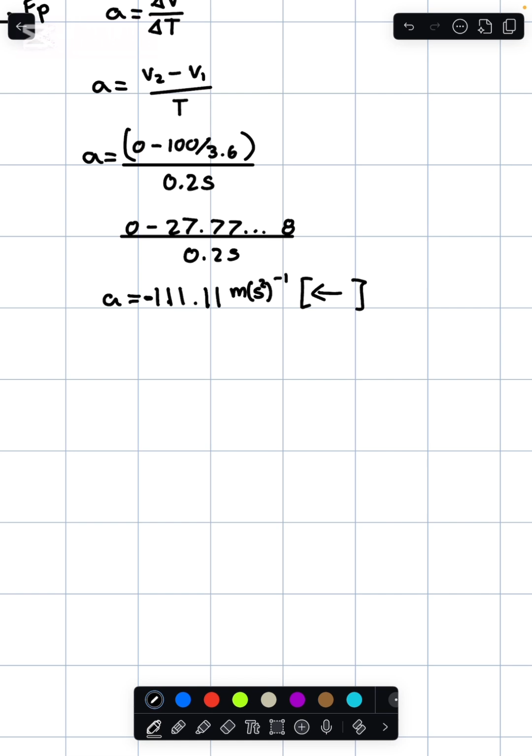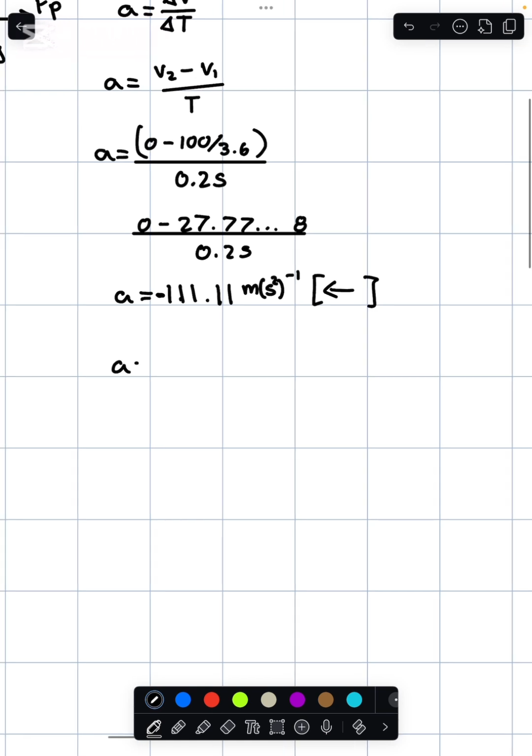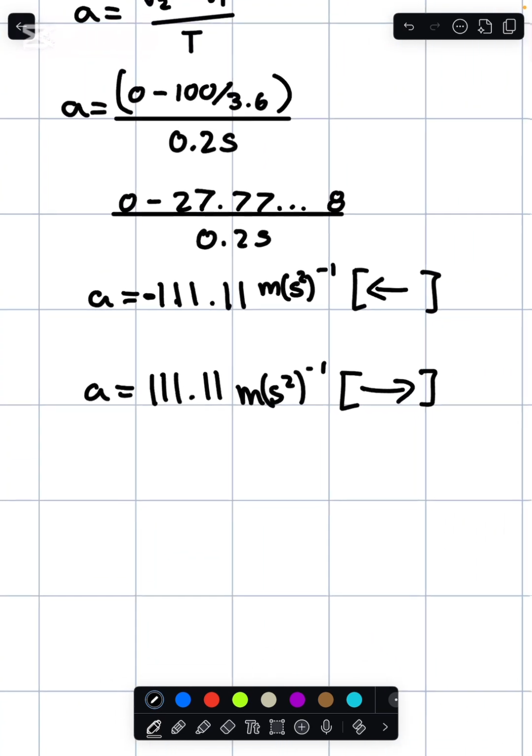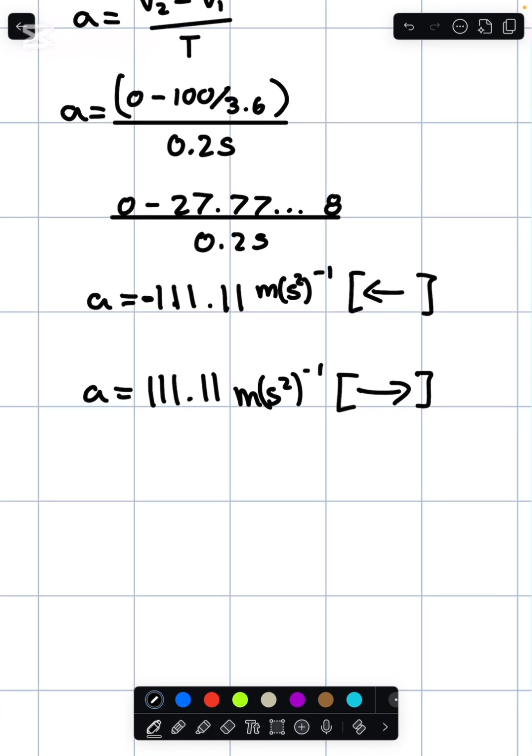Since it is negative, our real direction would be 111.11 meters per second squared to the right.